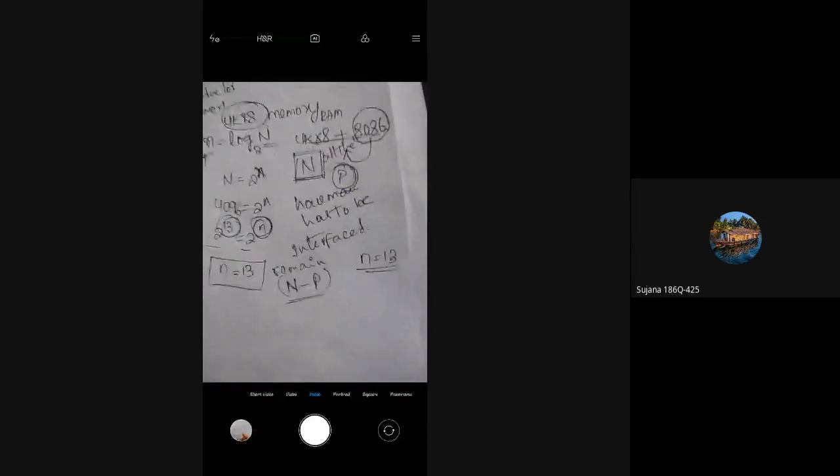Out of these address lines, I have to use P many lines. That means I have to use some of the address lines in order to interface these P locations.